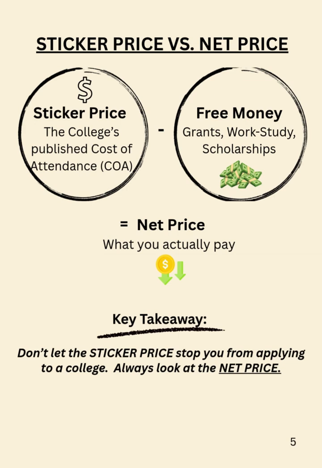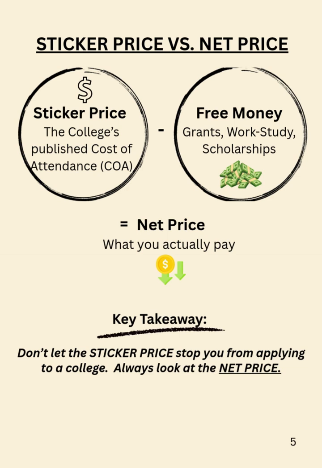Again, here is a visual description of what I was talking about, the difference between a sticker price versus a net price. So the net price is the college's cost of attendance minus the free money: your grants, your work study, your scholarships that you apply for and win. Grants from the federal government, work study from the federal government.